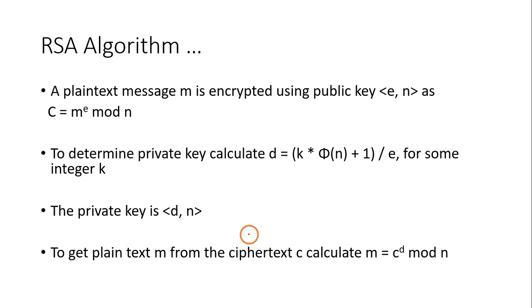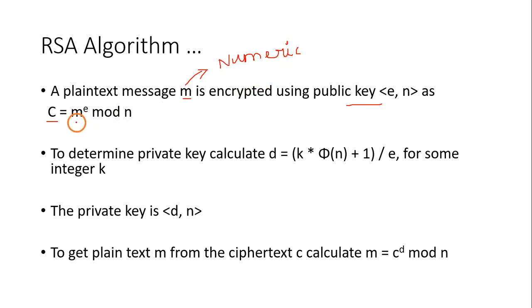Now once you have the public key, you can do encryption like this. C is the ciphertext, and M is the plain text message. One thing I want to tell you is that the plain text, that is the input for the RSA algorithm, is numeric. So the letters will be converted into numbers.